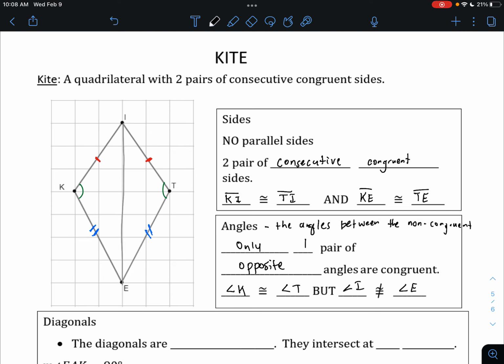So the angles between the non-congruent sides are congruent. So all that's saying is that angles K and T are congruent because they lie between the two different sets of side lengths.